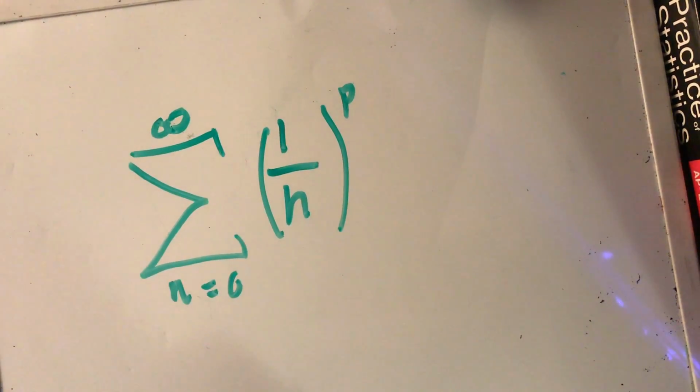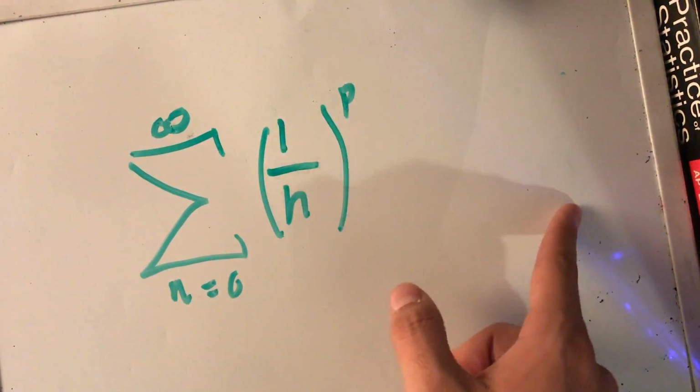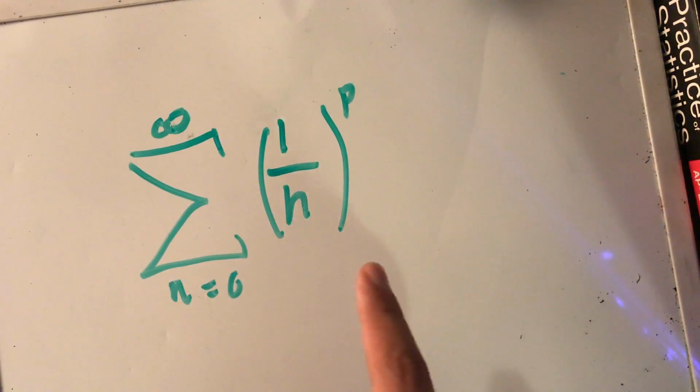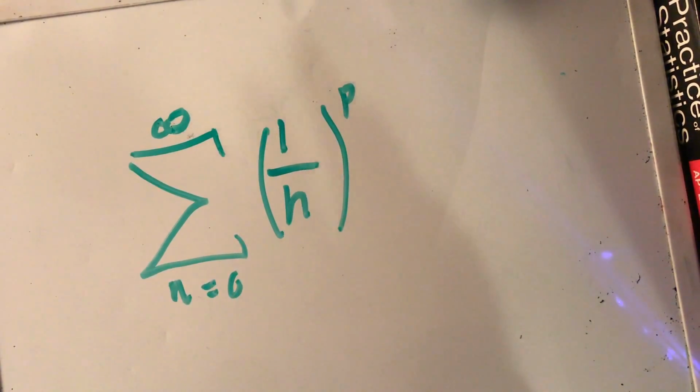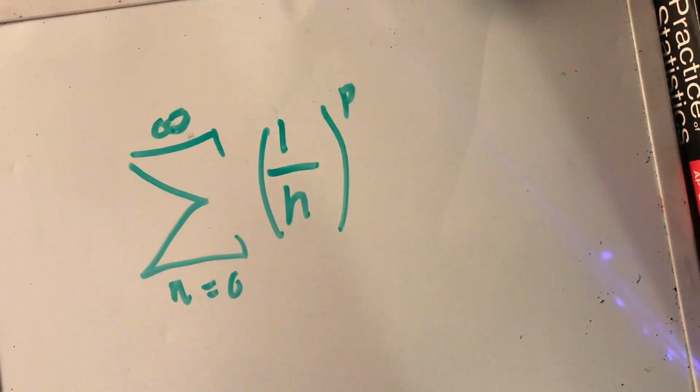As a matter of fact, if you Google any of these tests, you can find literal images on Google that tell you the exact parameters for this test. You'll find this image, and it says if p is greater than 1, then this will converge. And why is that important? The importance of that is that this is an open note test. So what you can do is look up every single test for convergence, divergence, etc. The ratio test, the Leibniz test, the limit comparison test.